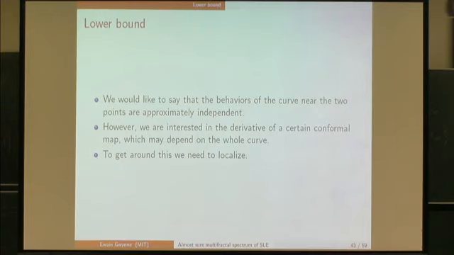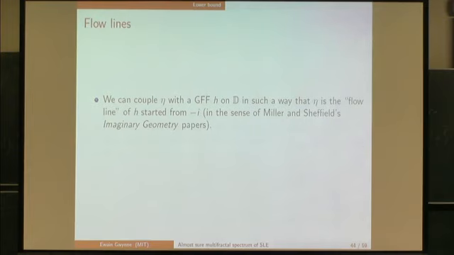To get around this, we have to localize our events so that things really only depend on what happens near z and what happens near w. And this is where the imaginary geometry stuff comes in. So we can couple our curve eta with a Gaussian free field h with the property that eta is the flow line of h started from negative i in the sense of Miller and Sheffield's imaginary geometry papers.